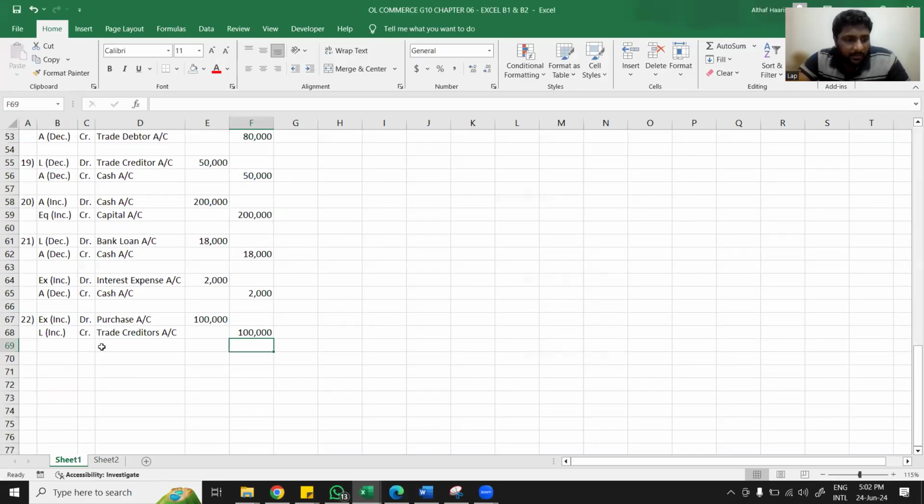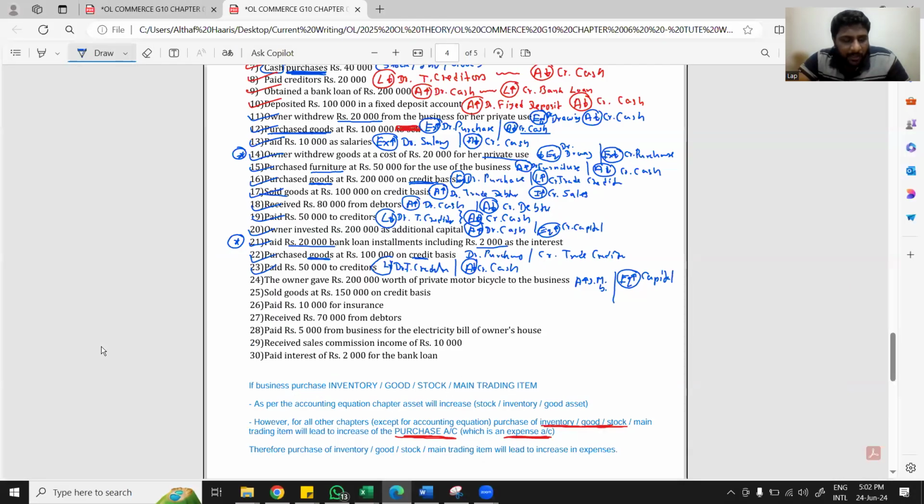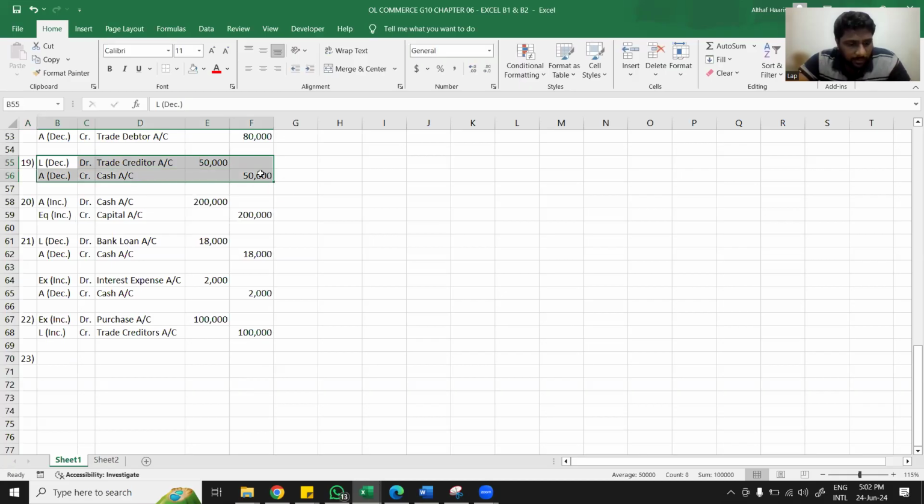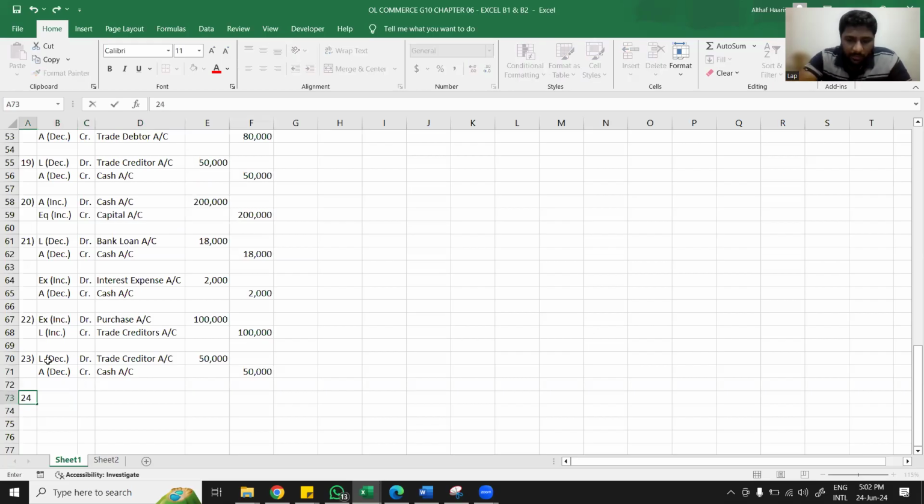Let's write it. 24th. The business is getting a motor bicycle, so the motor bicycle asset is increasing. Asset increases, debit. And who is giving this motor bicycle to the business? The owner is giving.